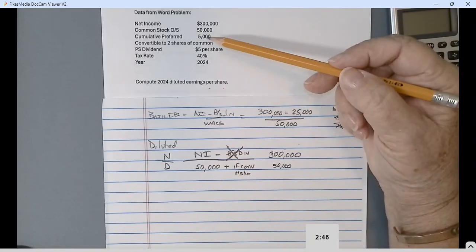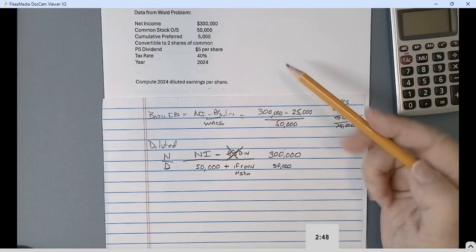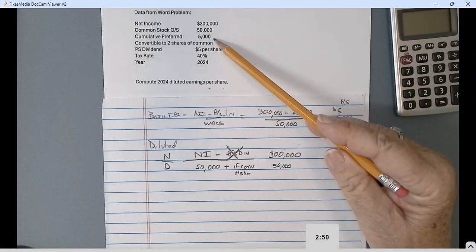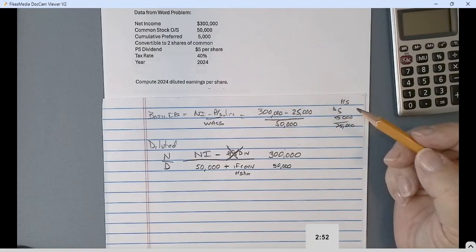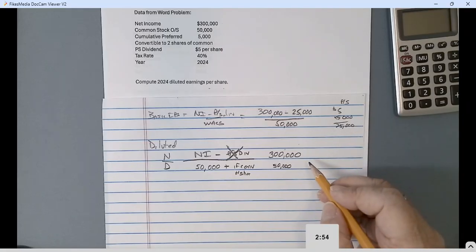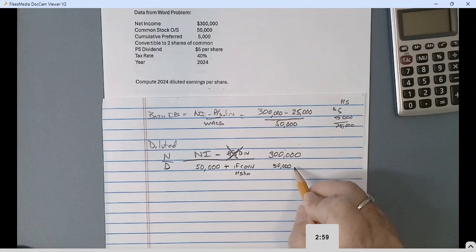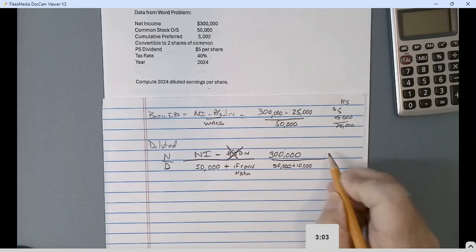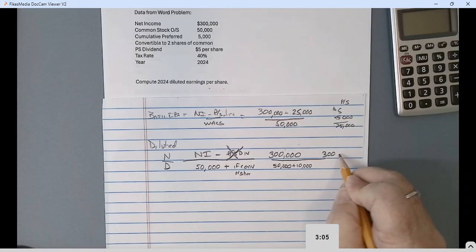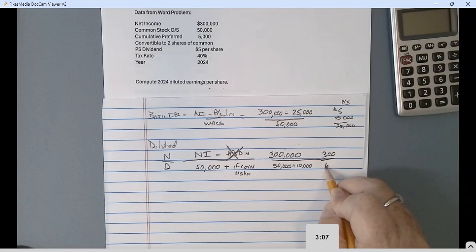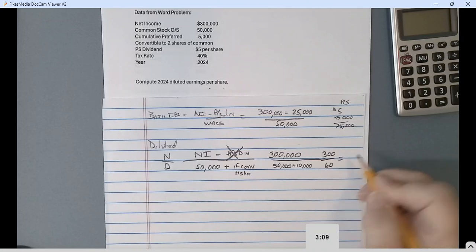Okay, convertible shares are 2 shares of common per cumulative preferred. So that is 2 times 5. So I have 10,000. Okay, so my amount is going to be 300 over 60.